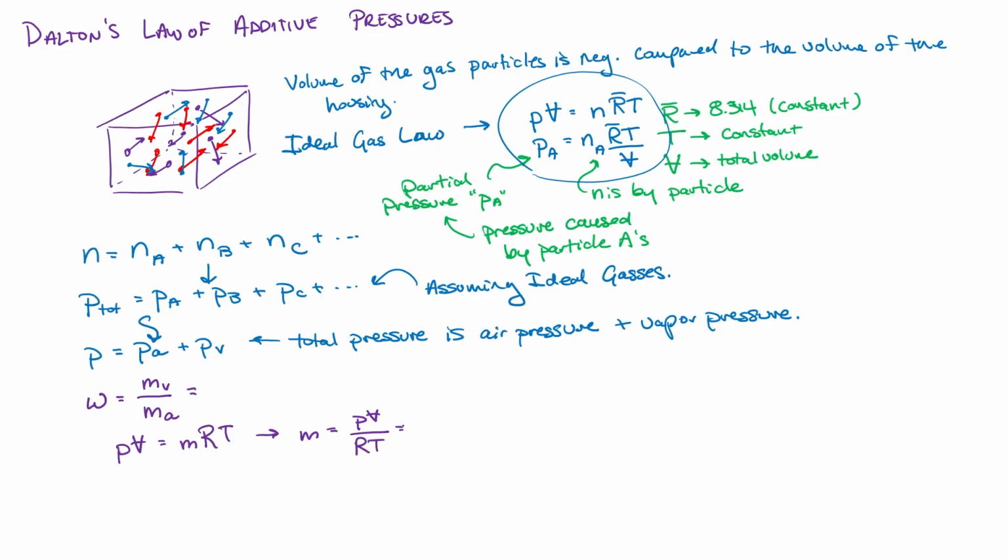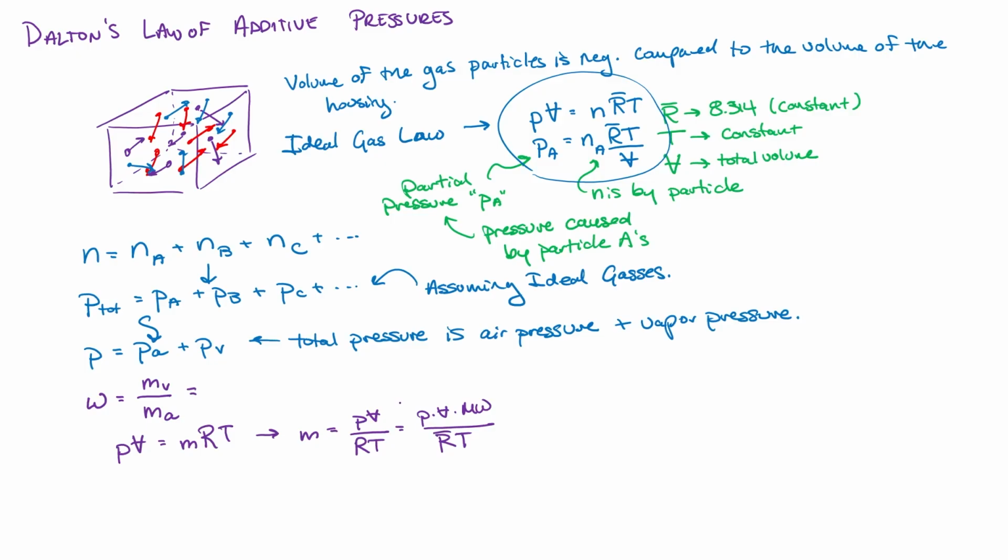And I am going to actually convert this R into R bar. So we said that R is going to be equal to R bar divided by the molecular weight, basically switching between moles and grams or kilograms. So I have pressure times volume times my molecular weight divided by R bar T.